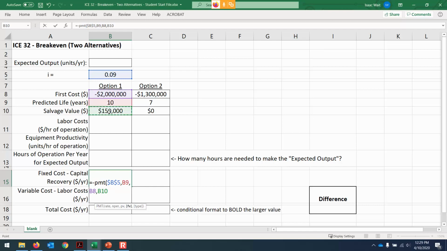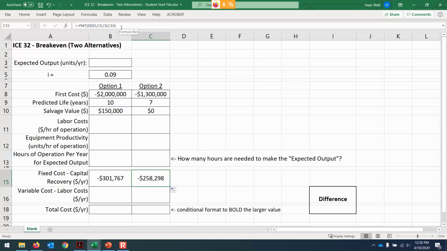So it's going to annualize the difference between the first cost and the salvage value. And that negative sign that I put in is because Excel is always changing the signs and I want to keep it as minus to represent a cost. So the capital recovery for option 1 is 301,000. If I drag that sideways, it'll apply the same function to the options that we have for option 2.